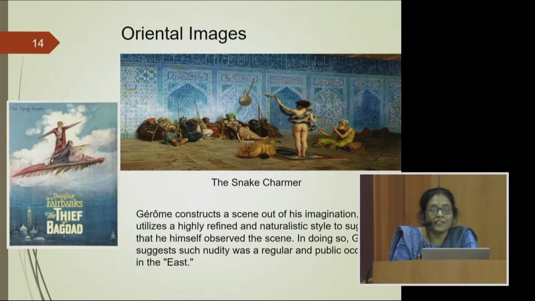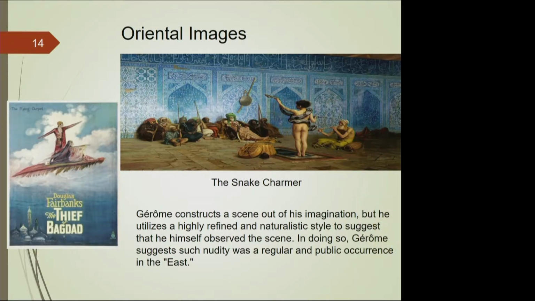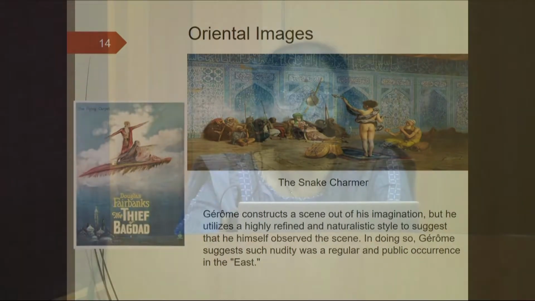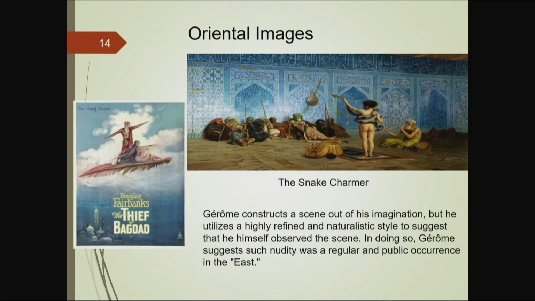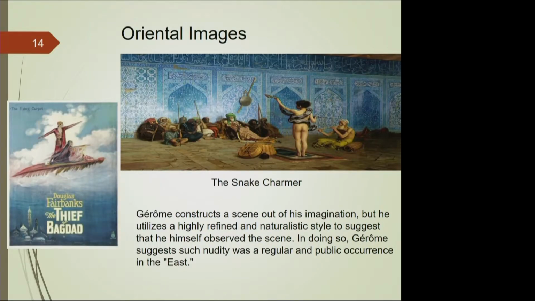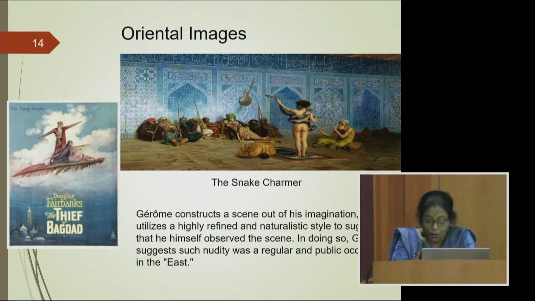We move around with snakes, and also that people are in the nude. Similarly, in the other one, you can see Thief of Baghdad, where a picture has been created of a magic carpet, which is moving across. Now, giving you the impression that the East is so very different, so exotic, so very much different from the West. And therefore, it cannot be taken as similar to the West.